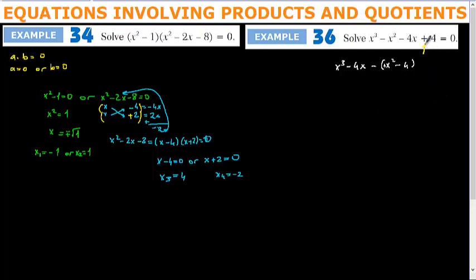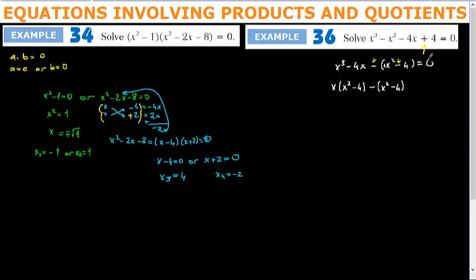When we multiply, it's going to be plus. Then when we have these terms together, x cubed minus 4x, these two terms have a common factor, which is x times x squared minus 4. It's going to be minus x squared minus 4.